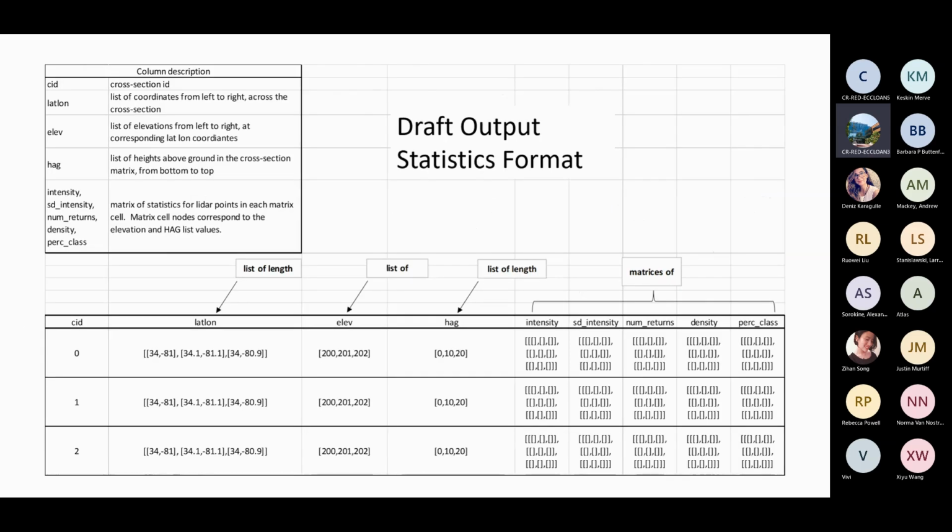We're still in development phase of CoreViz, but this is a working format of what we're using for the output statistic data. There will be a row for every cross section and a unique ID you see in the first column.